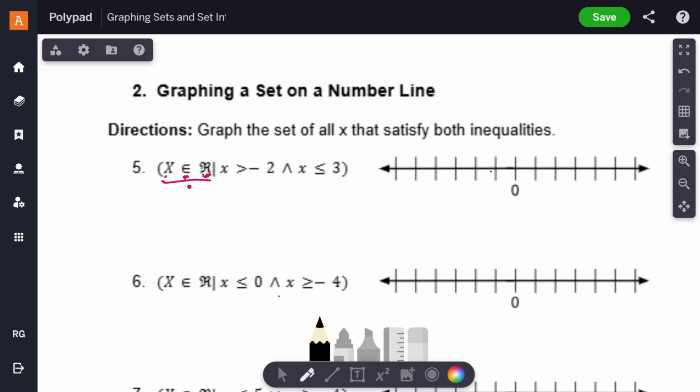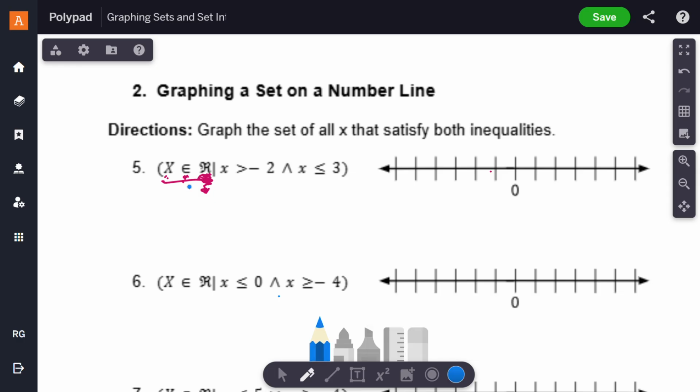So real numbers include counting numbers like 1, 2, 3, whole numbers including 0, negative integers like -3, -4, and fractions and decimals. All of those numbers fall under the real numbers category. Again, x's element is all real numbers.